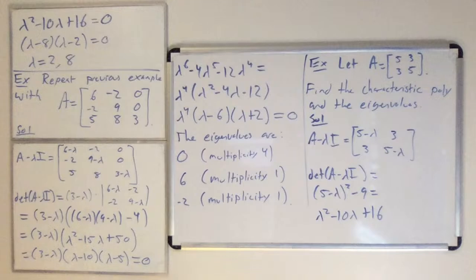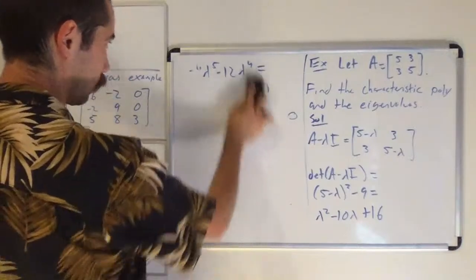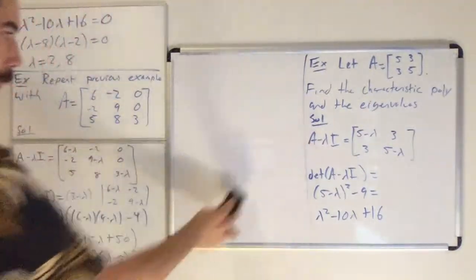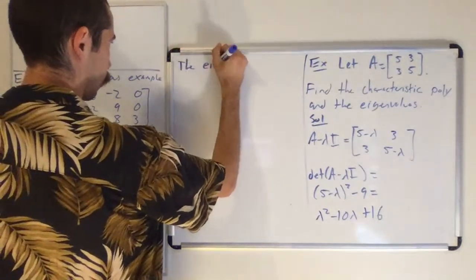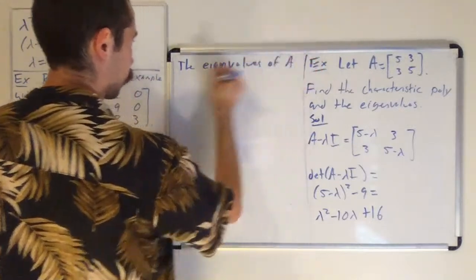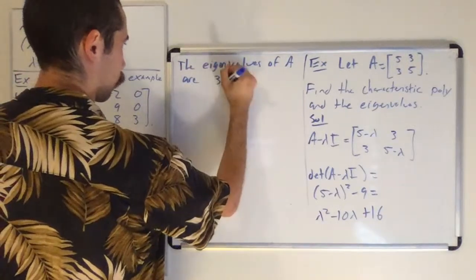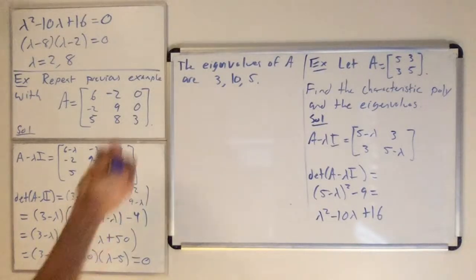And we see that 3, 10, and 5 are our eigenvalues. And each has multiplicity 1.